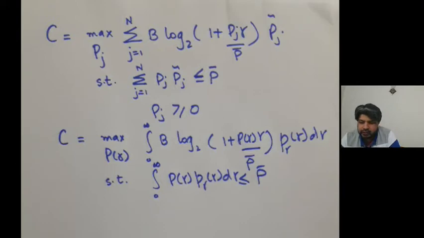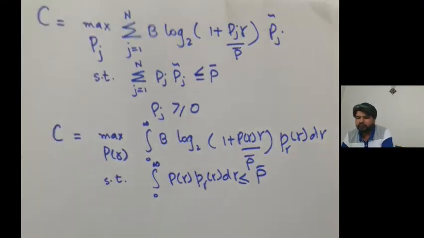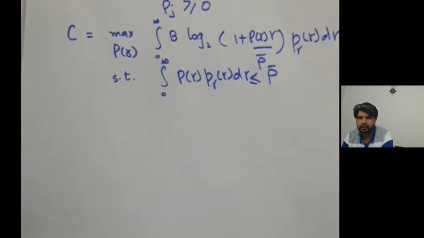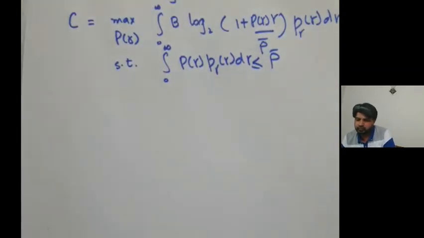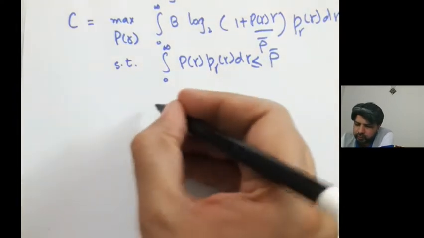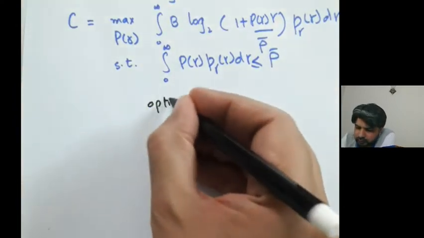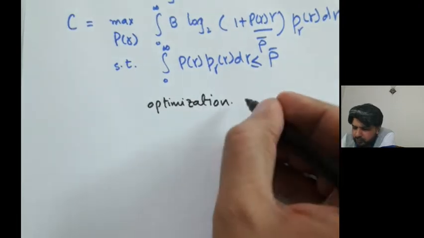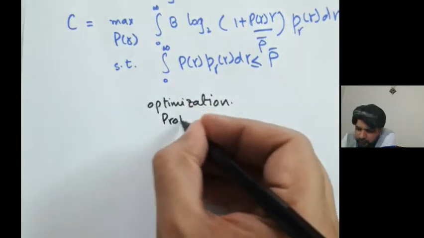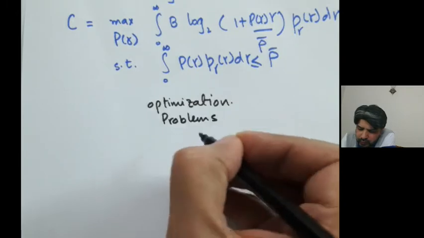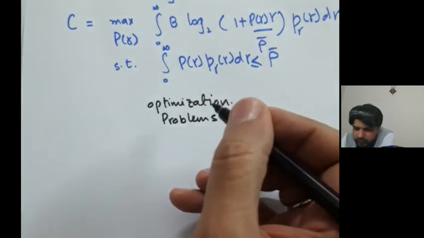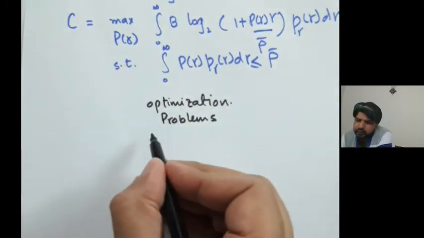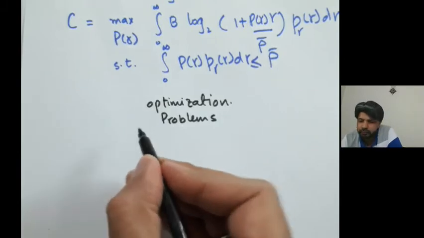So you can see that this is an optimization problem, and optimization problems can have lots of types, but this is not a very complex optimization problem.